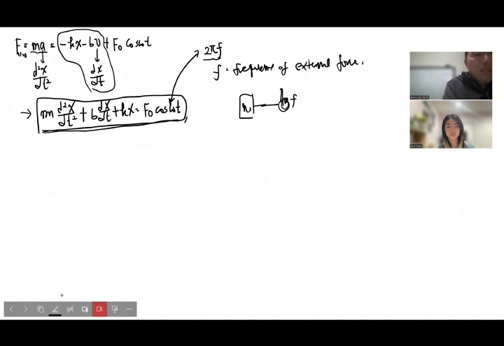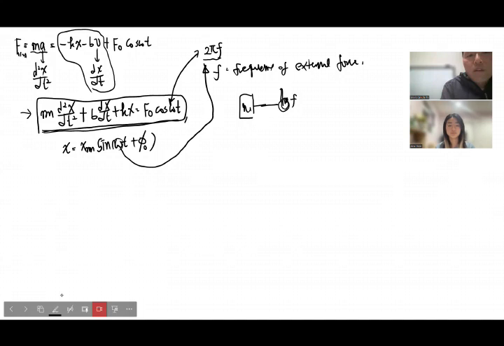If you solve this equation, the solution is normally known to be x equals x maximum sine of omega t plus phi naught, where omega is the same 2 pi f, the frequency of the motor, and phi is the initial phase or initial displacement condition.